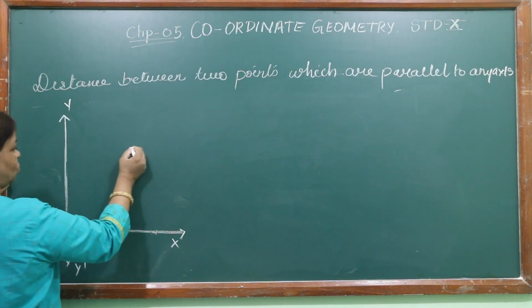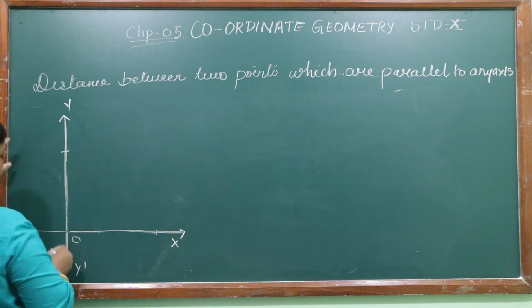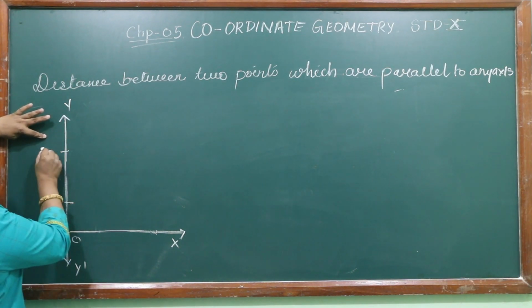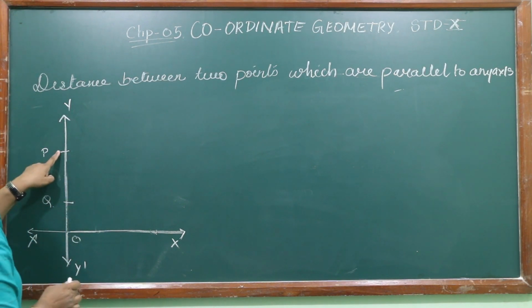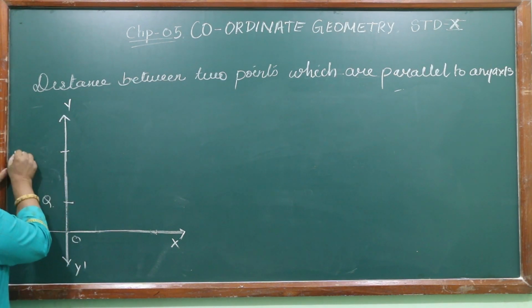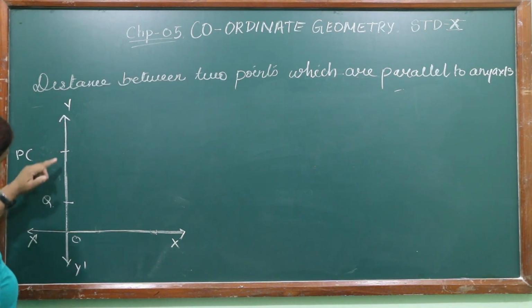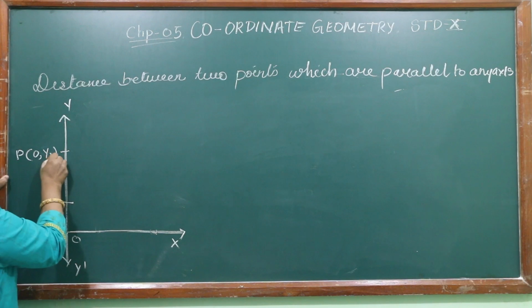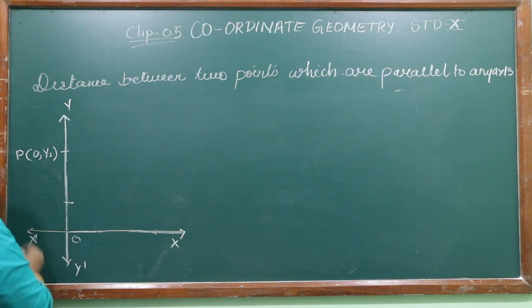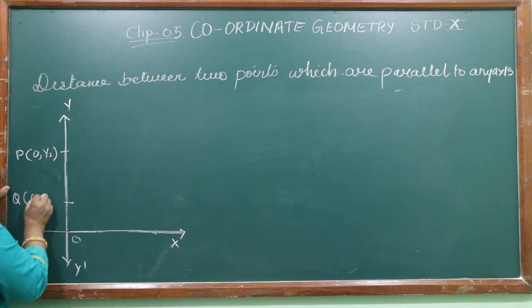Let me draw a line. Let me have point P and point Q. Point P coordinates are 0, y2 and point Q coordinates are 0, y1.